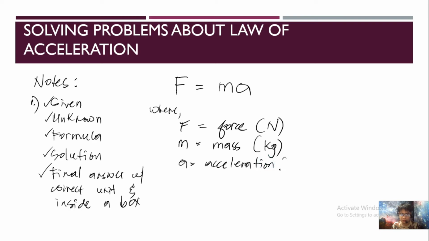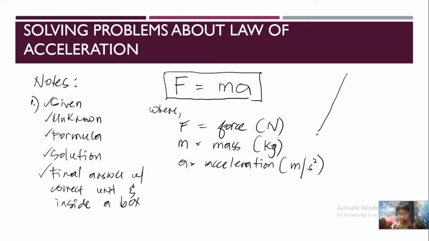Okay? So, this formula can be put in our formula pyramid. This is our formula pyramid, in which we will put F on the top, and then we have M and A at the bottom.